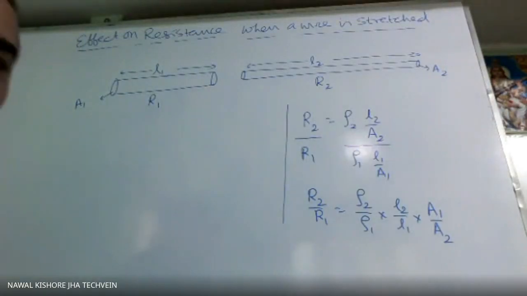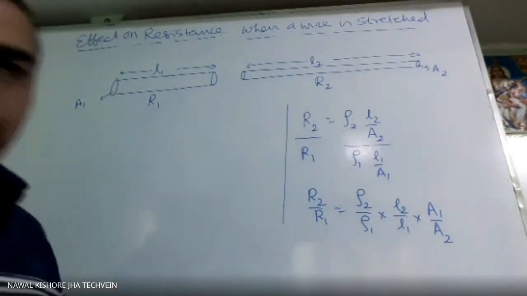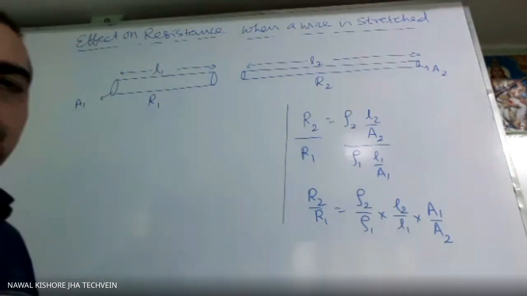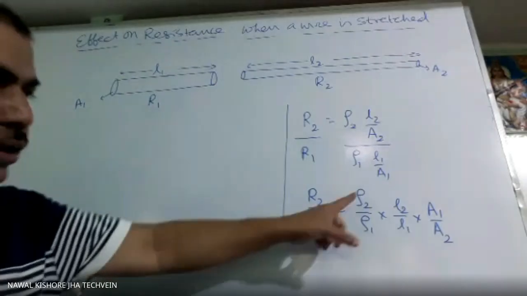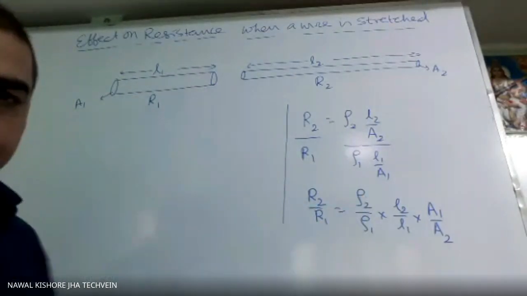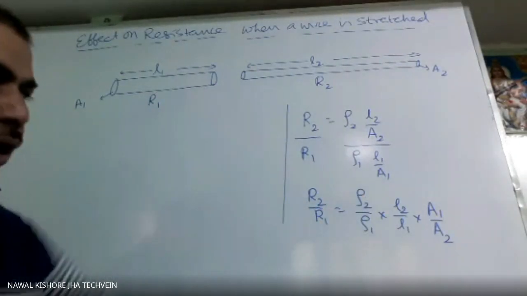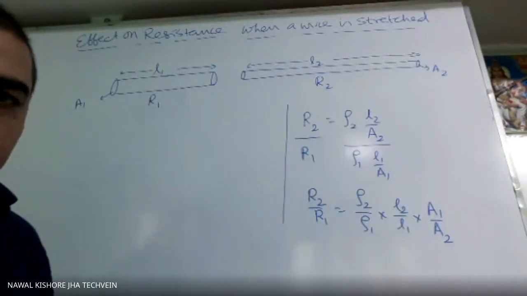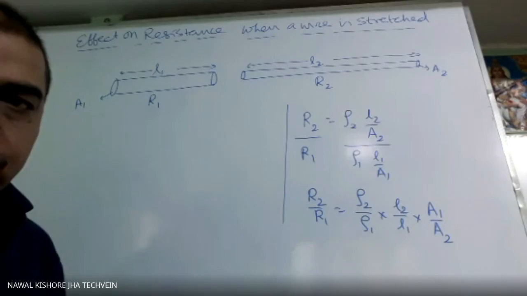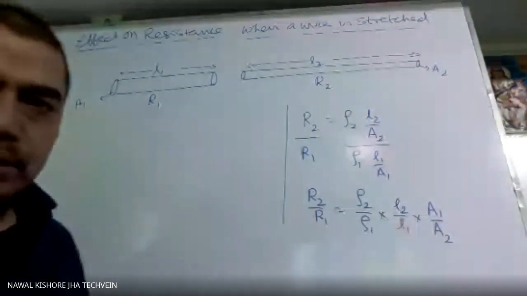Whether the wire is stretched or not stretched, or it is made up of two different materials, if you are asked to find the ratio, we will consider this one. If material is the same, rho 2 and rho 1 will be the same. If length is the same, L2 and L1 will be the same. If area of cross section is the same, thickness is the same, this will be cancelled. This part will not be there.